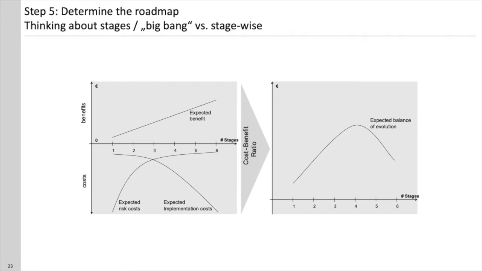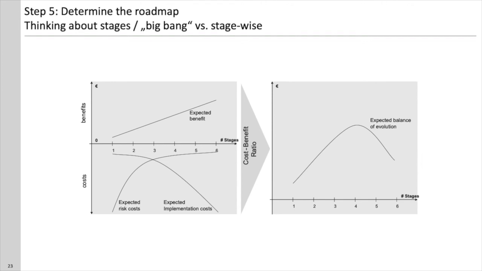But the risk costs are the highest. And risk costs meaning costs that come up if risks really end up being problems. Okay. And then as a third curve, you can add together the benefits, saying when is the benefit to be taken?